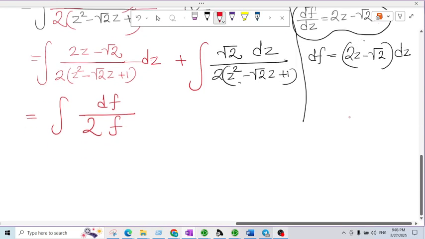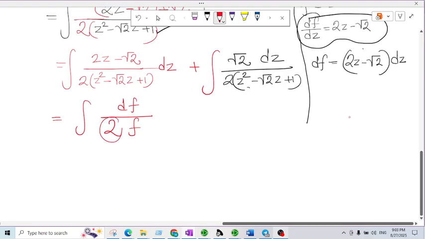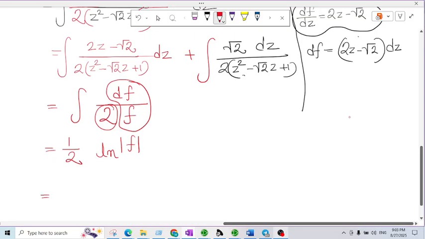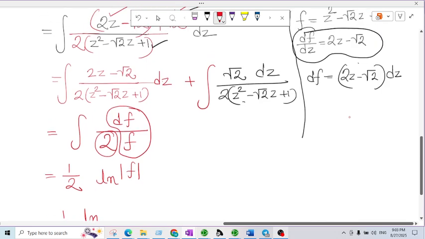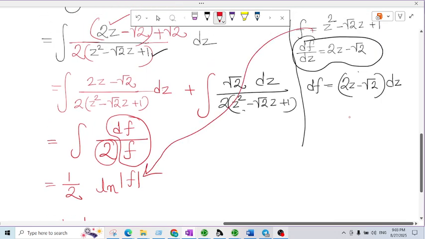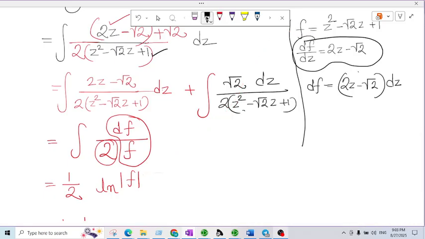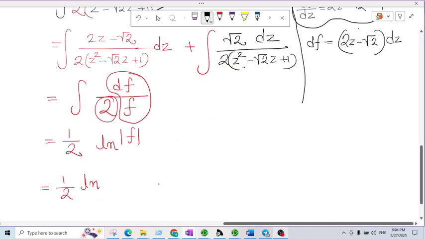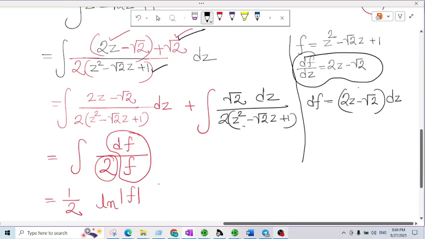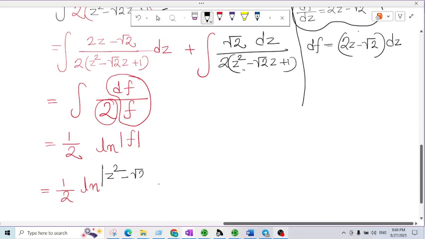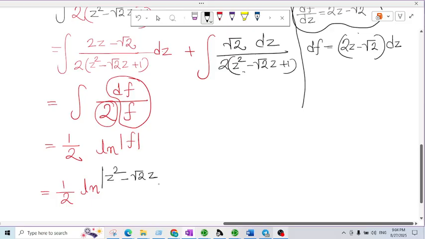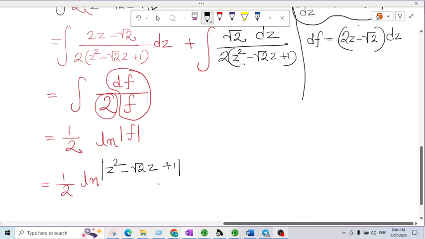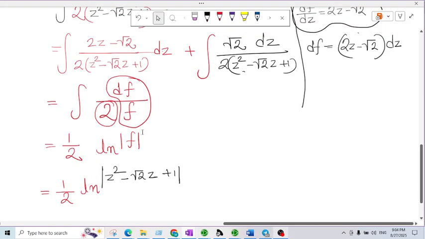Well, now let's take this 2 outside, 1 by 2, and what is the integration of this thing? This is simply equal to ln modulus f, right? And what is f? Let's put the value of f here, and we will get z square minus root 2 z plus 1. Well, so I have successfully found the integration of the first term.